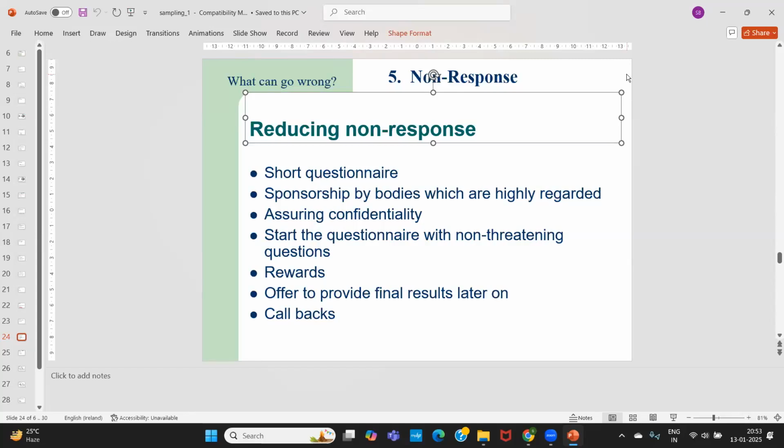Start the questionnaire with non-threatening questions. Offer some rewards like a pen, pencil, or small notebook. Offer to provide final results later on, as some respondents are quite inquisitive. And then callbacks.